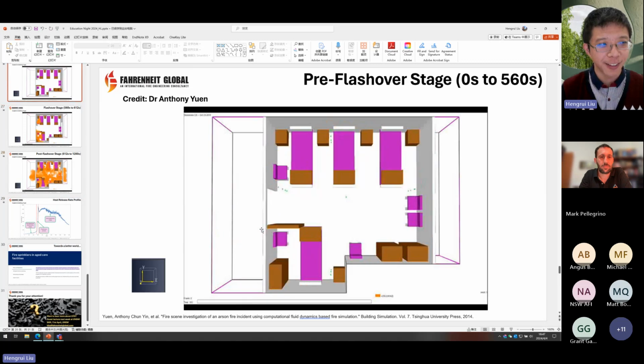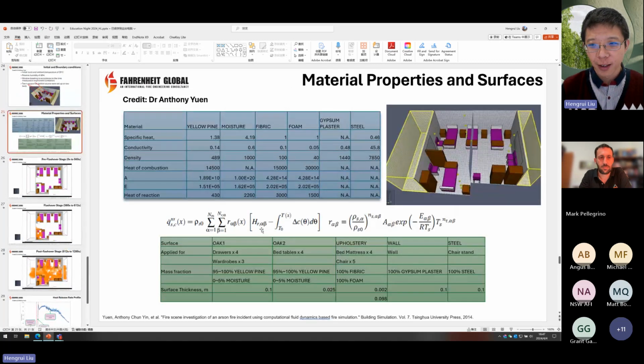That's actually a very good question. In the modeling world, the model does whatever we tell it to do. So, reflecting back on your question, the material properties are the things here. The challenge is we have to know how the material burns and what its burning behavior is.